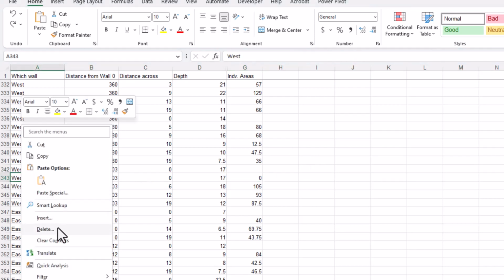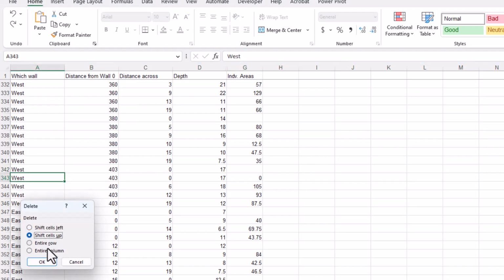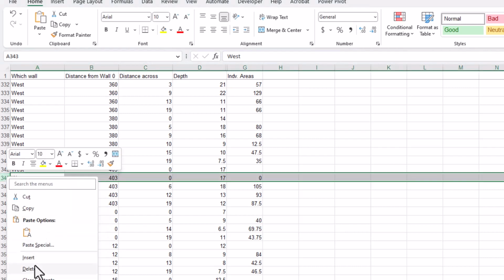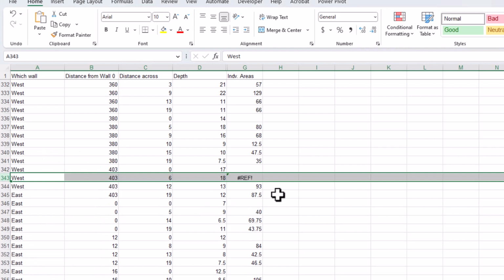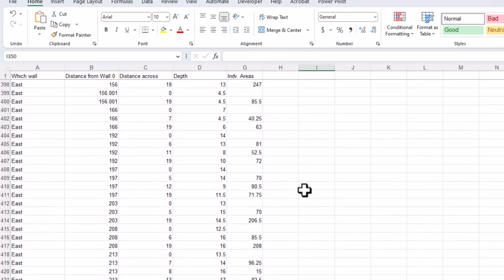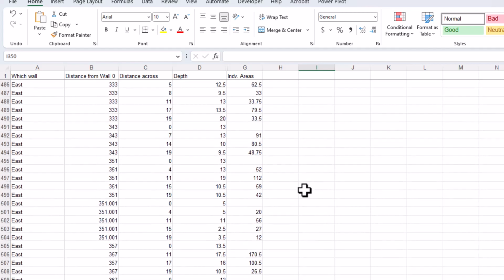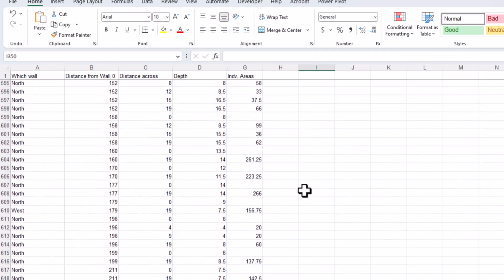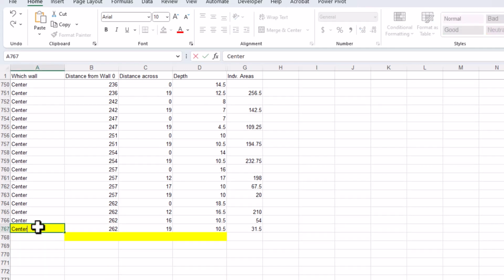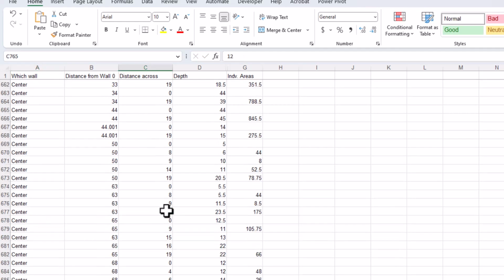It's upset about that, so let's delete this one. All right, let's keep looking to see if there are any other mistakes. That just needs to have a name to it there. I don't think it matters too much.